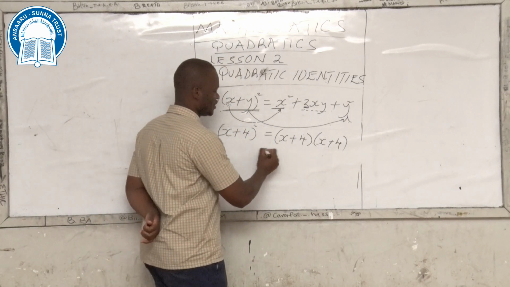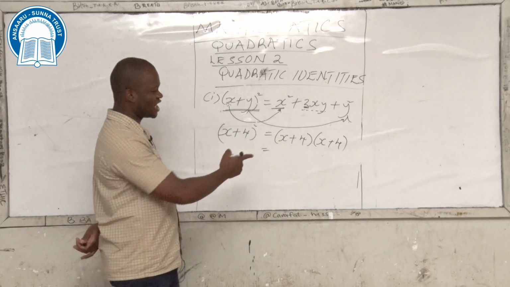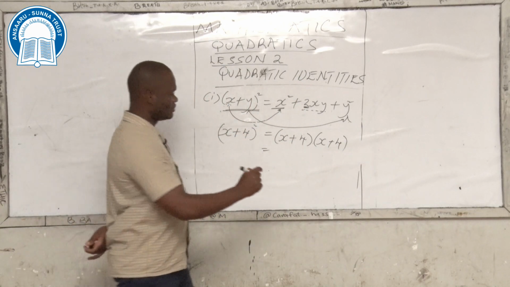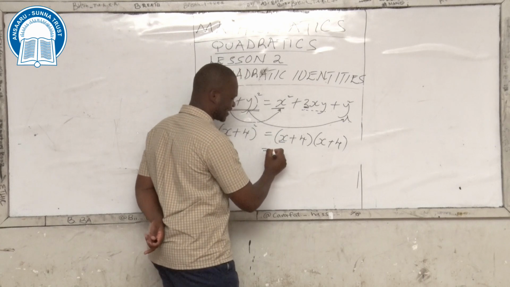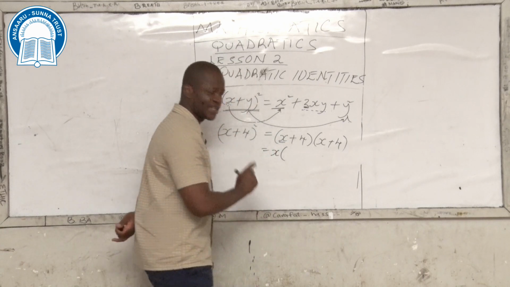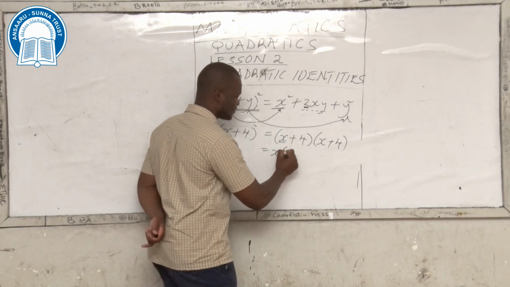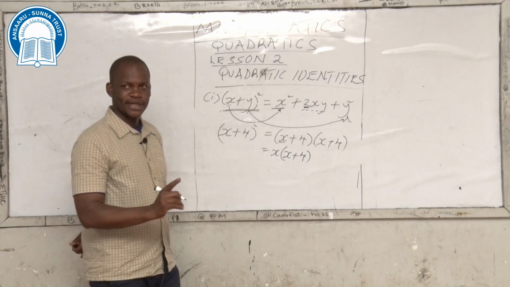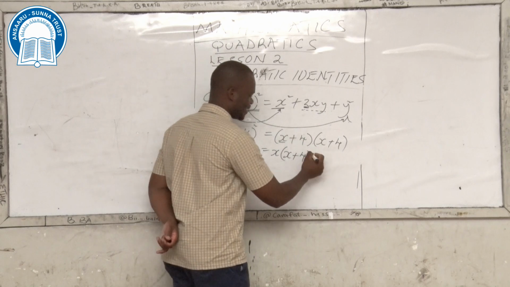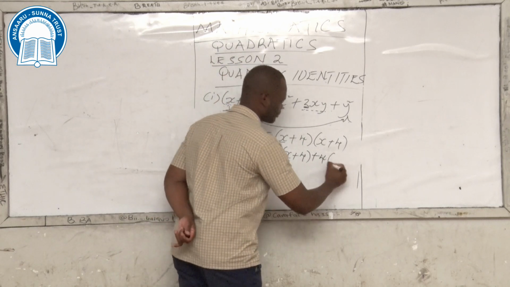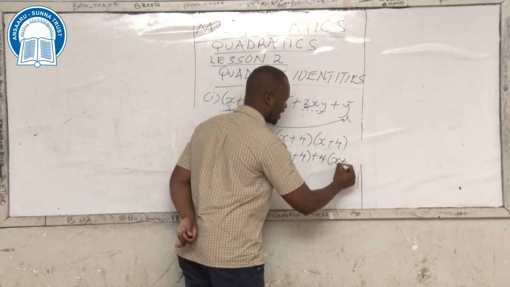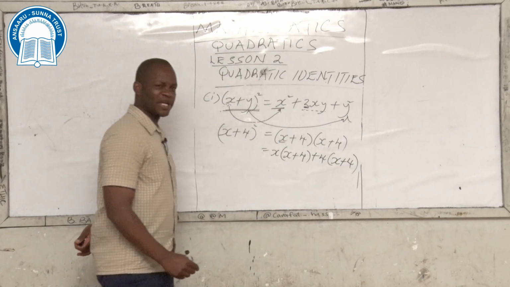Now that will mean, from the previous lesson we discussed how you go about such an expansion. It will mean you take x, the first term in the first bracket, times the entire second bracket, plus 4 times again the entire second bracket.